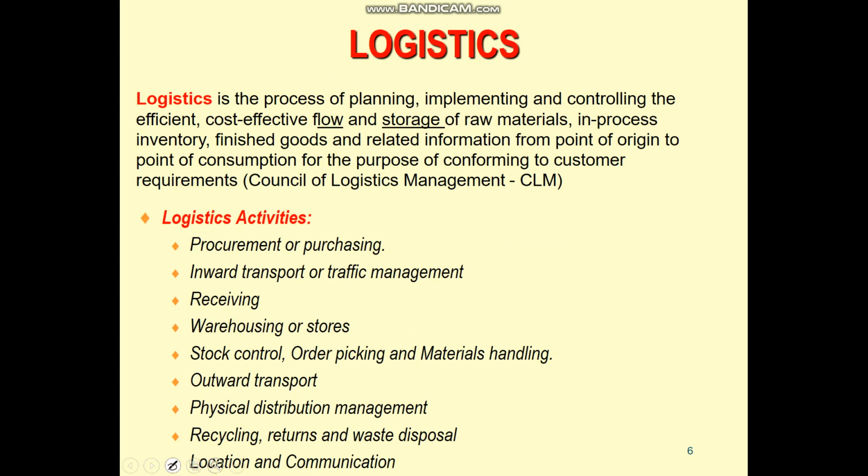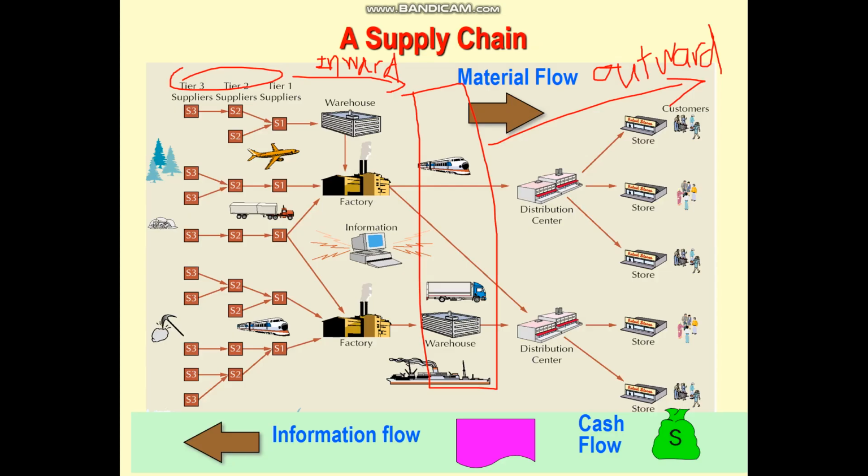And also we have other activities like receiving. Okay, let me go back to this again. So when the material comes from the supplier to the organization, we will receive the material. Then after we receive the material, we will organize and stock the material here.